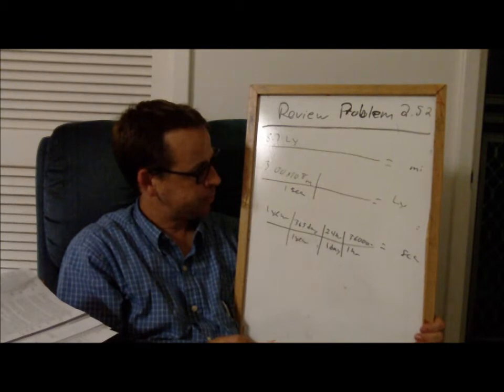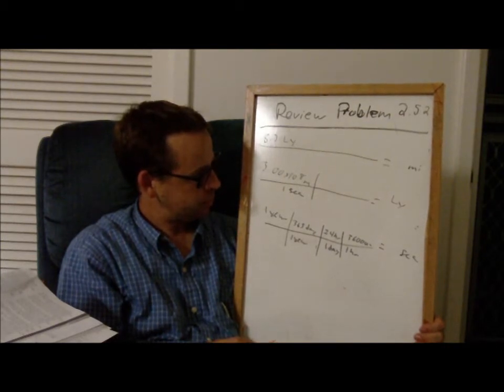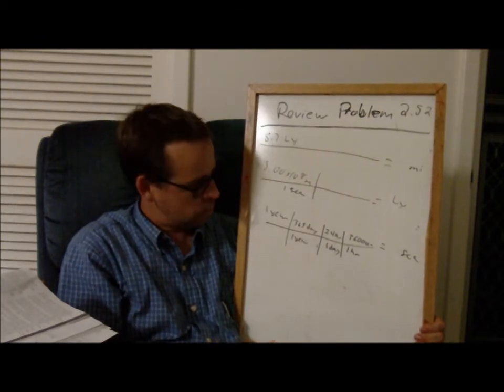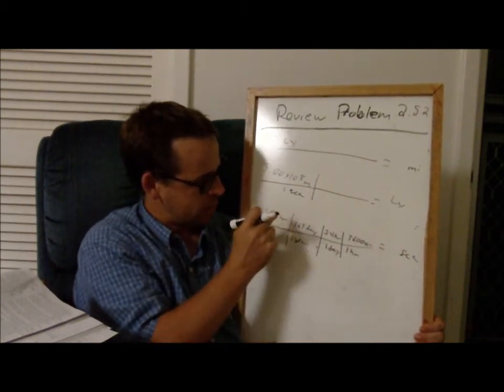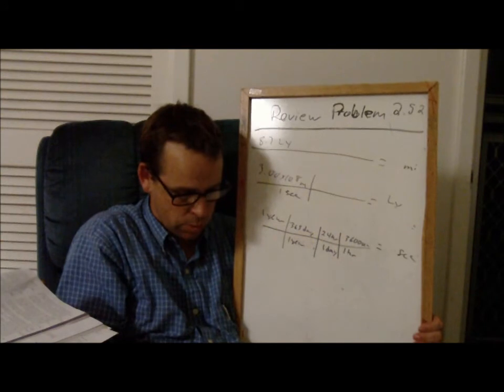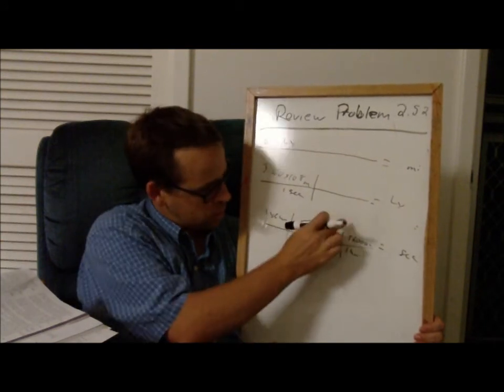So, 365 times 1 divided by 1 times 24 times 3,600.